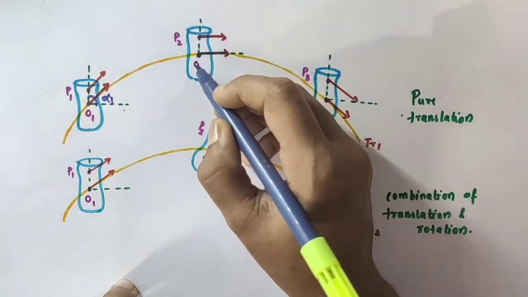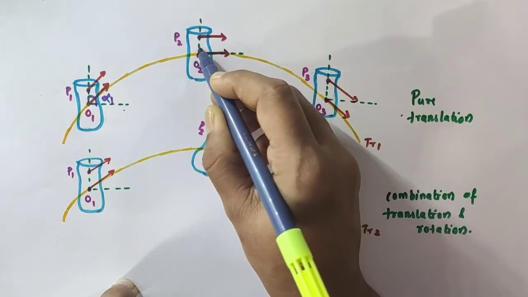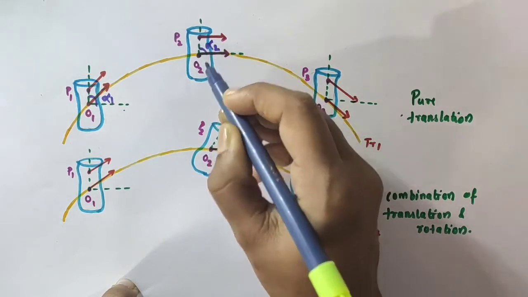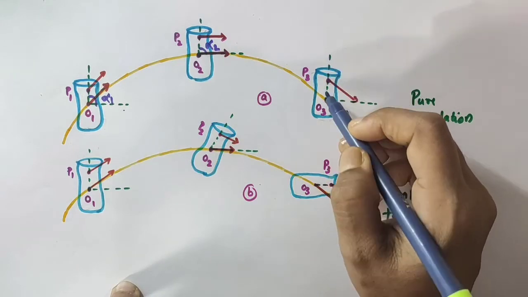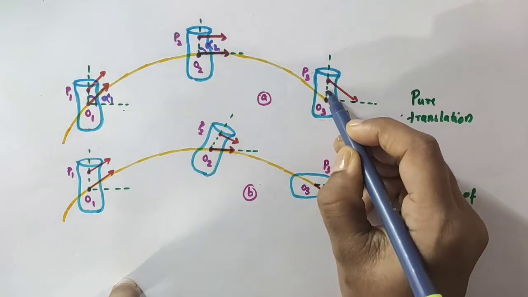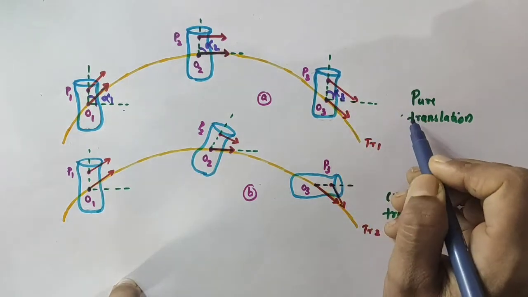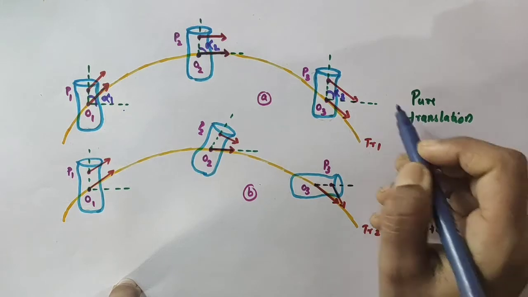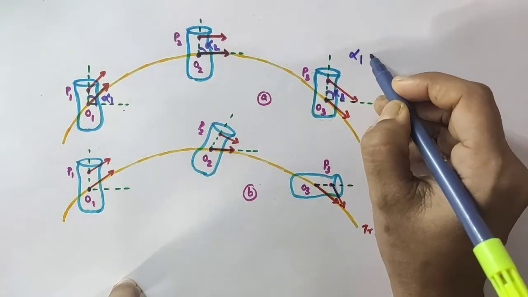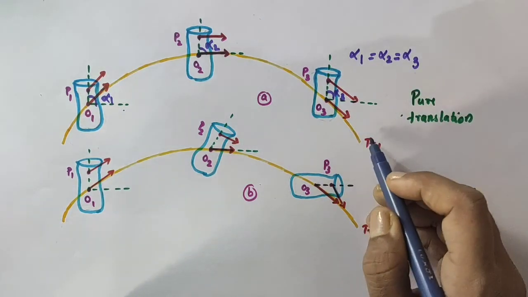Similarly, O2P2 makes an angle with the horizontal, which I am taking as alpha 2. And O3P3 makes some angle with the horizontal, which I am taking as alpha 3. So in pure translational motion, all these angles would be the same, that is, alpha 1 equals alpha 2 equals alpha 3.